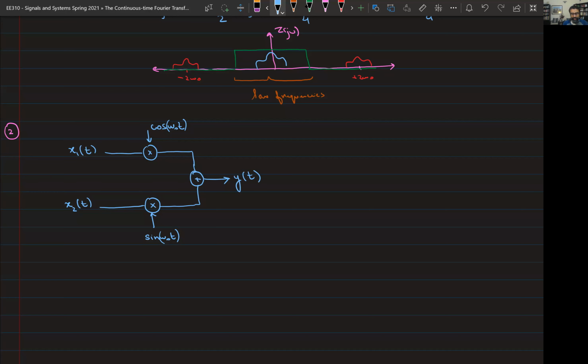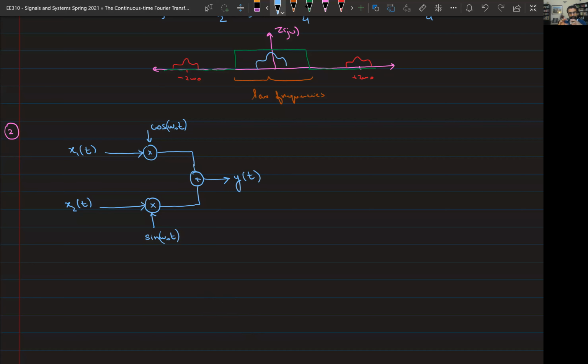Okay, and this would sound very intriguing or confusing, if there are two signals of interest x1 and x2, and you're multiplying something with them, and then adding things up. I mean, in general, when you add two signals up, there's no guarantee that you're going to be able to separate them out, right? Addition in general is not reversible.